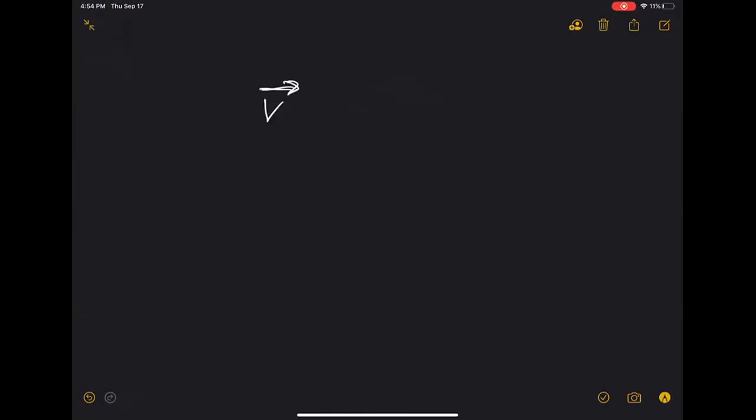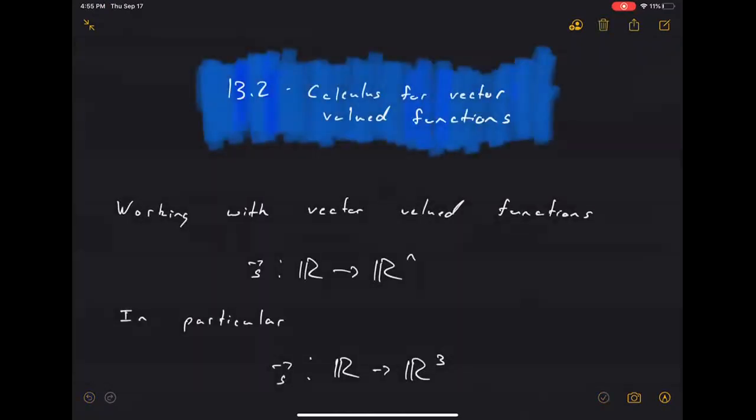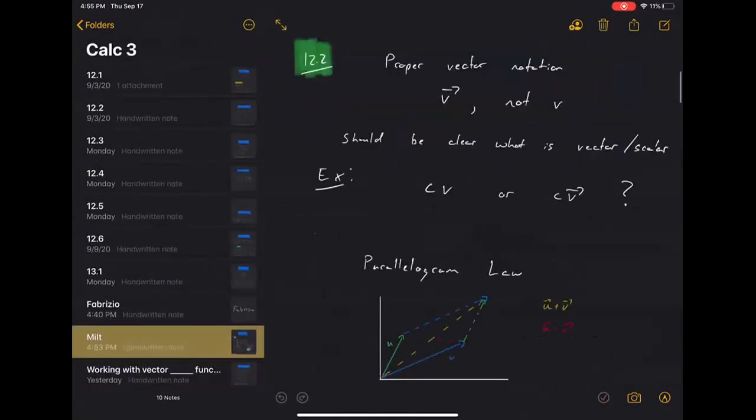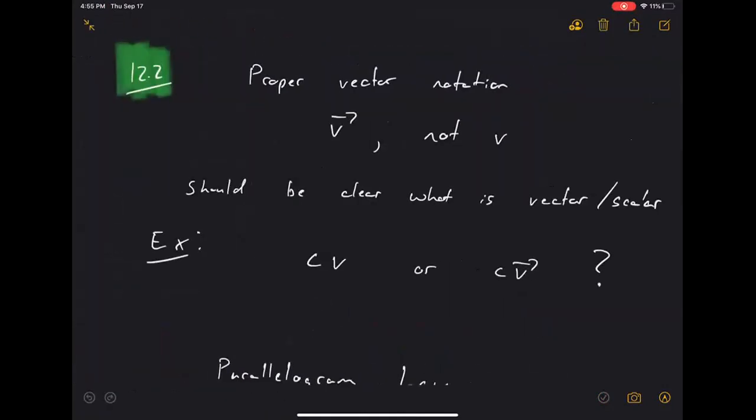So when you handwrite your work for vectors, I want to see your little vector arrow over everything, okay? Over all the vectors, I should say. That's really important, especially when we start mixing vectors and scalars, right?